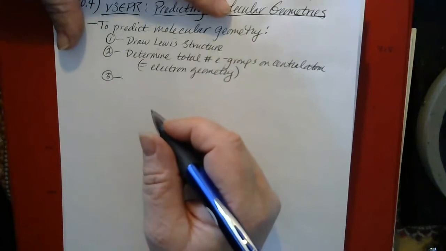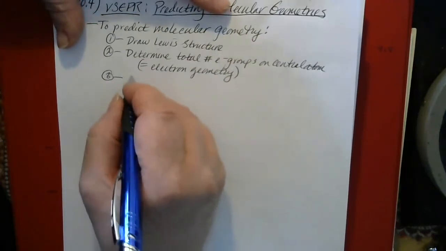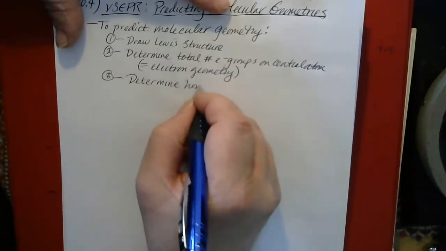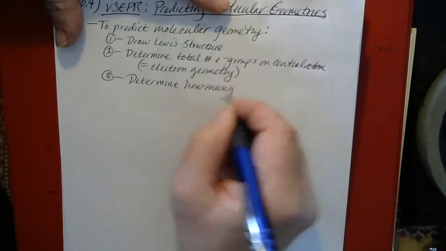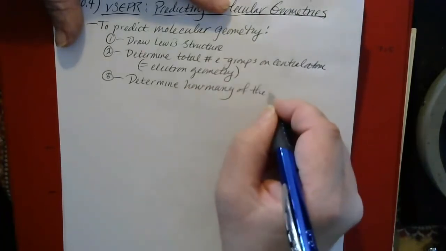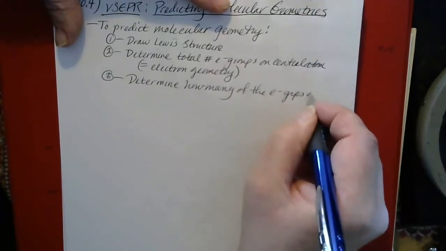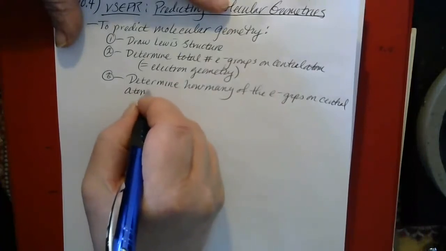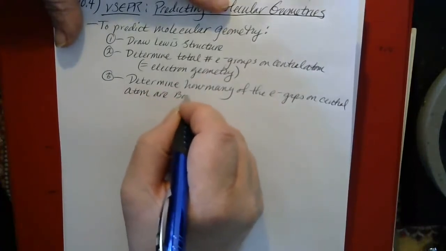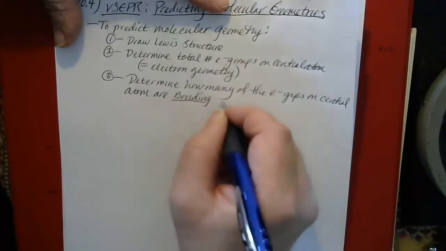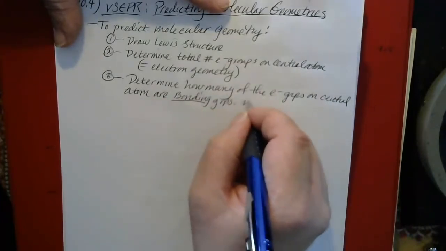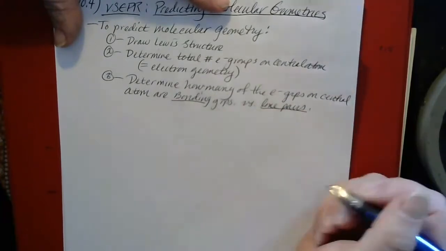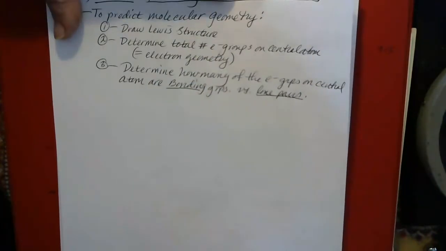And then you have to determine how many of them are bonding groups and how many lone pairs. Okay, so bonding groups versus lone pairs.